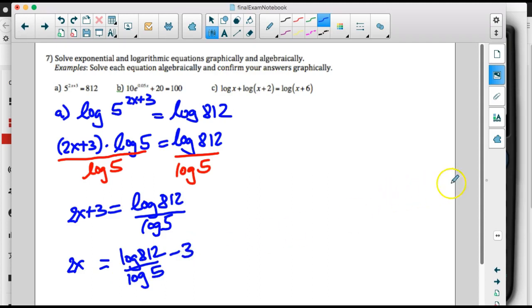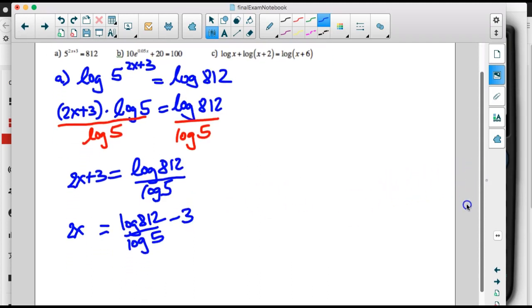We subtract 3 from both sides. And then what we do is we divide by 2 to get the value of x. So this is going to be in parentheses log 812 divided by log 5 minus 3, divided by 2.